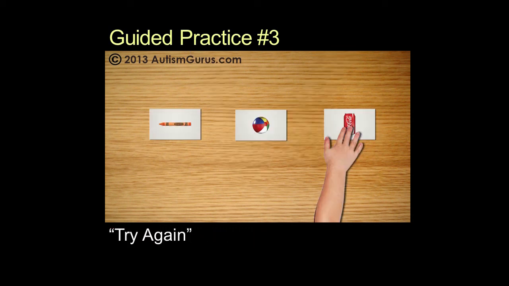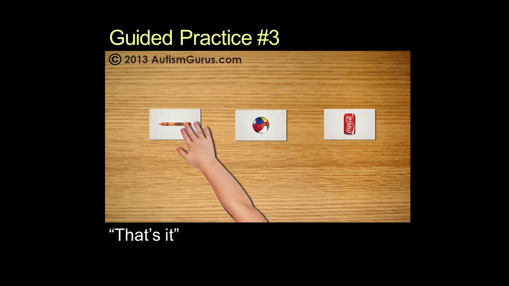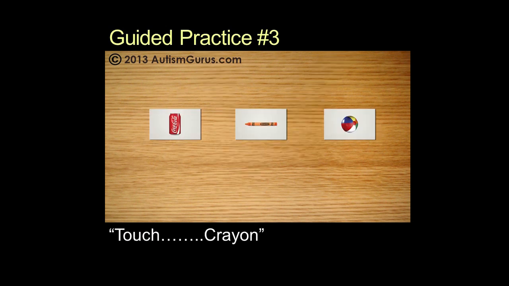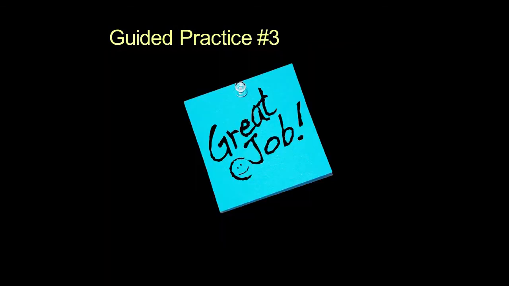Touch crayon. Try again. Touch crayon. That's it. Touch crayon. You got it. Go play. Great job. Okay, if you didn't quite get it, go back and practice until it feels comfortable.